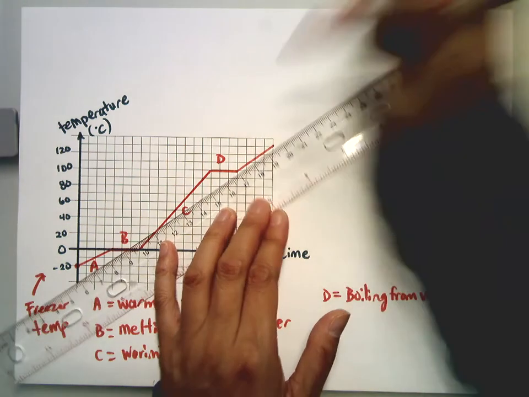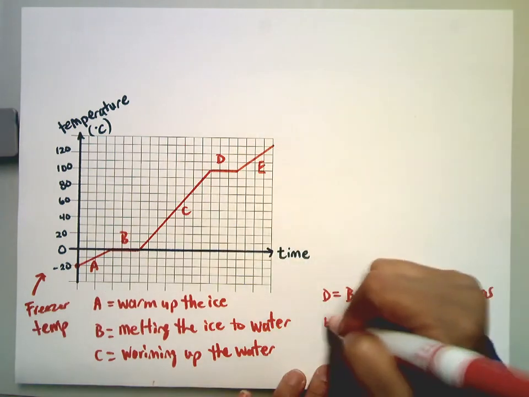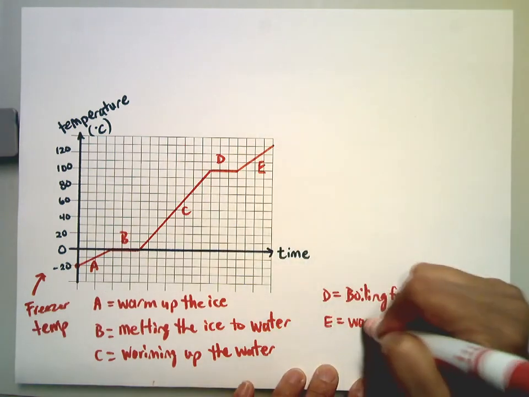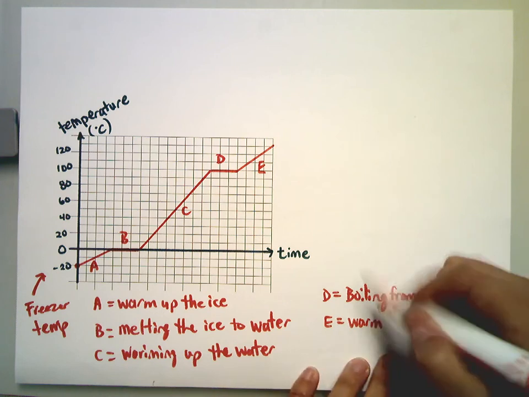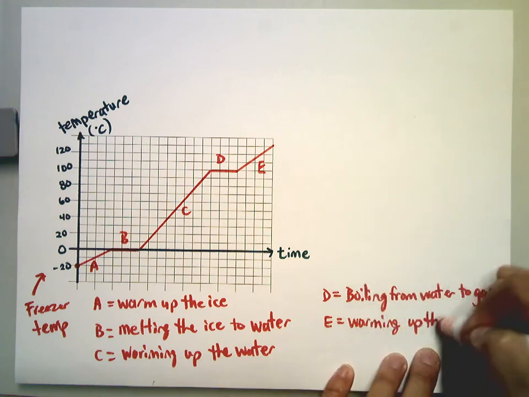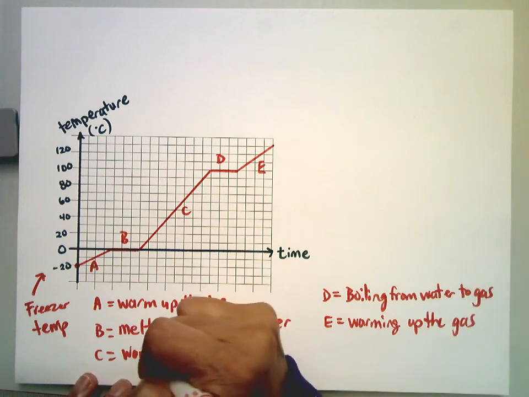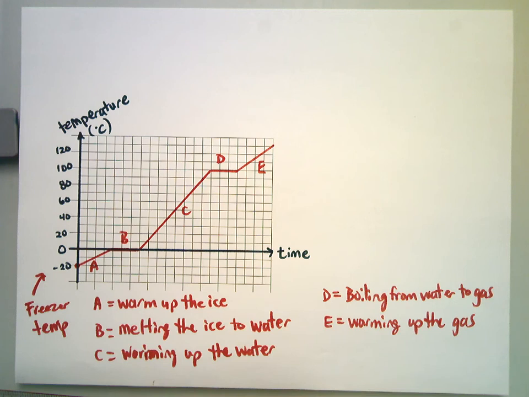Extra hot, let's say. And that is section E, where you're now warming up the gas. I spelled warming funny here, perfect. So warming up the gas.